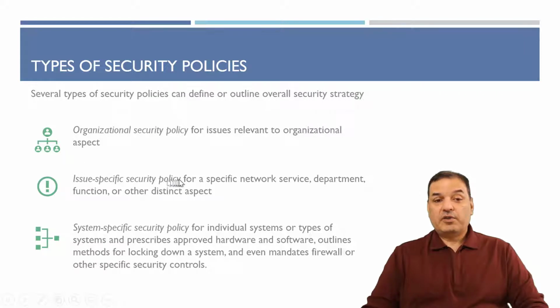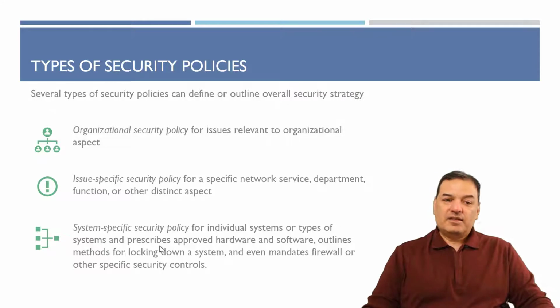The issue-specific security policy addresses a specific network service, department, function, or other distinct aspect. The system-specific security policy is for individual systems or types of systems, and this policy prescribes approved hardware and software, outlines methods for locking down a system, and even mandates firewalls or other specific security controls.